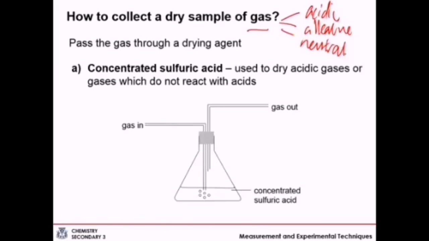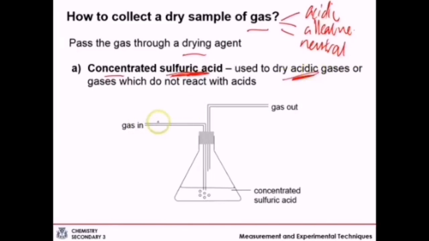So we definitely use sulfuric acid. A sample of a gas may be acidic, alkaline, or neutral. The easiest method is to pass it through a drying agent, which is definitely sulfuric acid. So if your gas is alkaline, neutral, or acidic, you can use sulfuric acid.